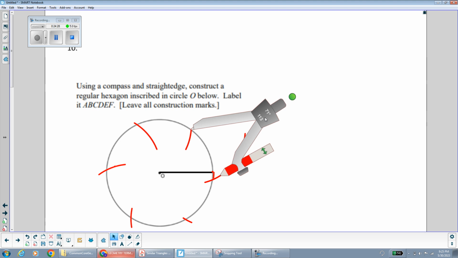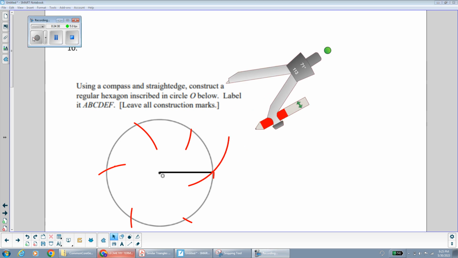I'm on the computer here. The computer is not the most accurate compass. And now I'm just going to take my 6 equally spaced points and connect them together.